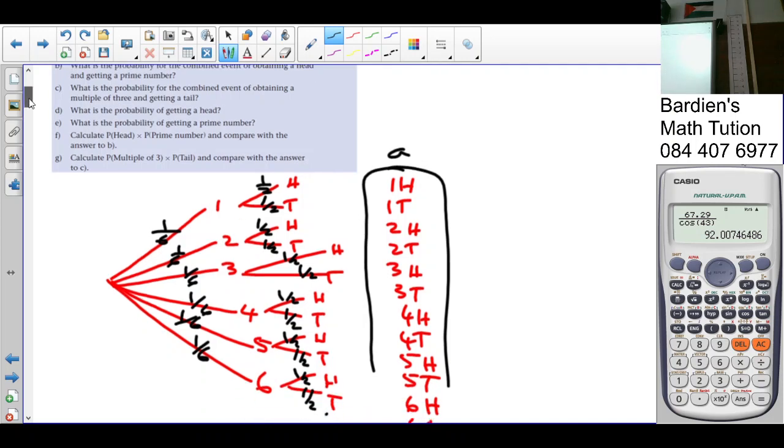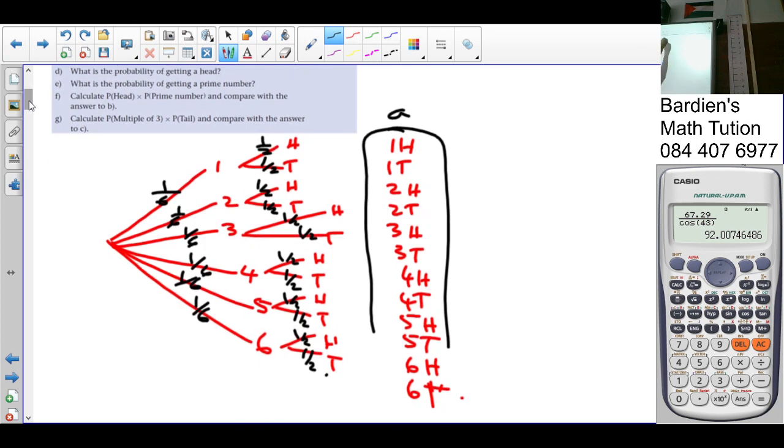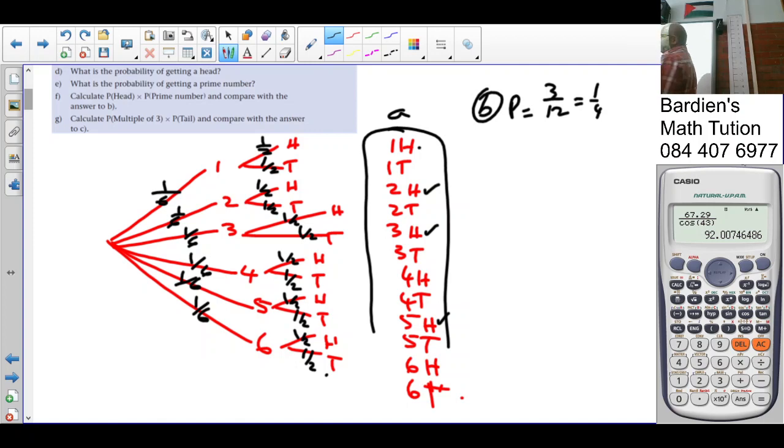So heads and a prime number is that one, that one, that one. You all agree with that? So it's going to be 3 out of 12, which is 1 out of 4. You all agree with that?